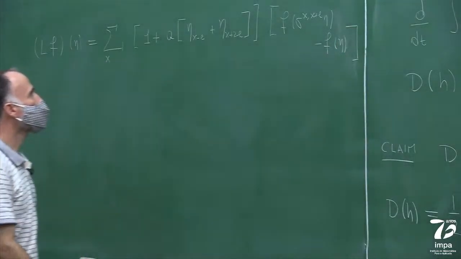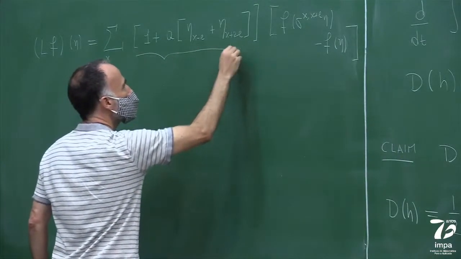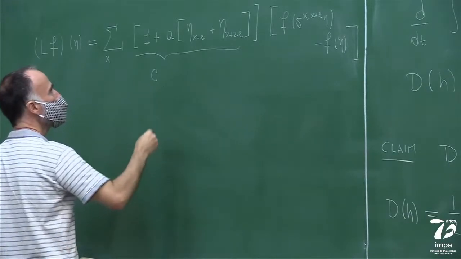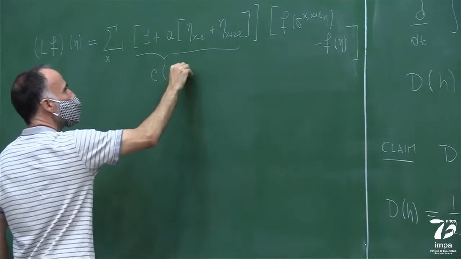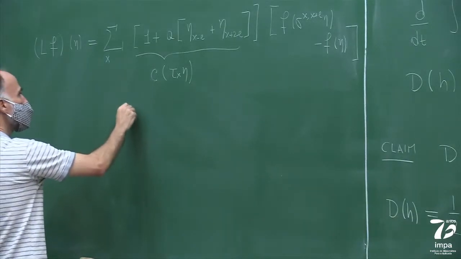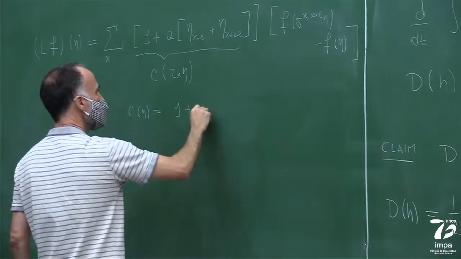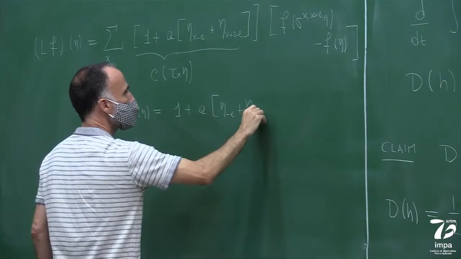Okay. So let me write this as a function c of the translation of my configuration eta. So remember, tau x is just a translation of a configuration eta. So c of eta is here a function which is 1 plus a eta minus e plus eta 2e.